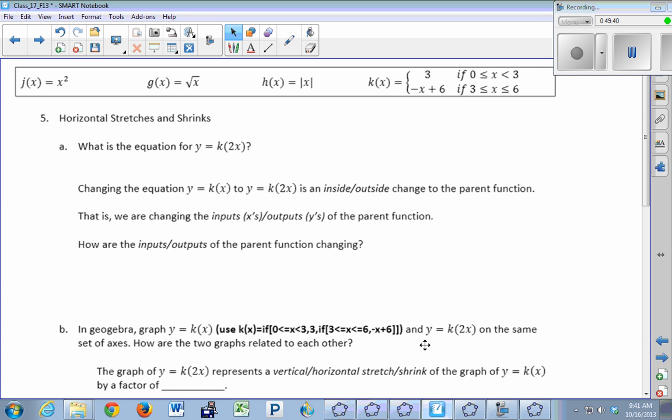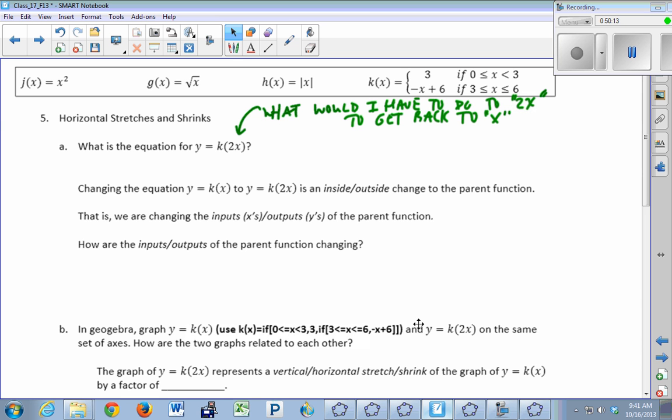So, these horizontal things mess with your brain. So again, you look inside and you say, what would I have to do to 2x to get back to x? Know that Beatles song?